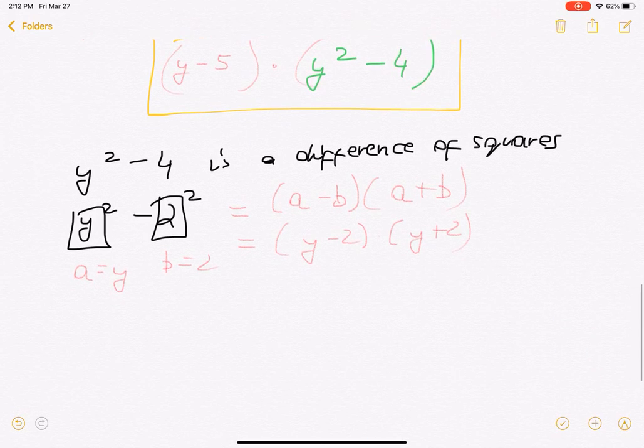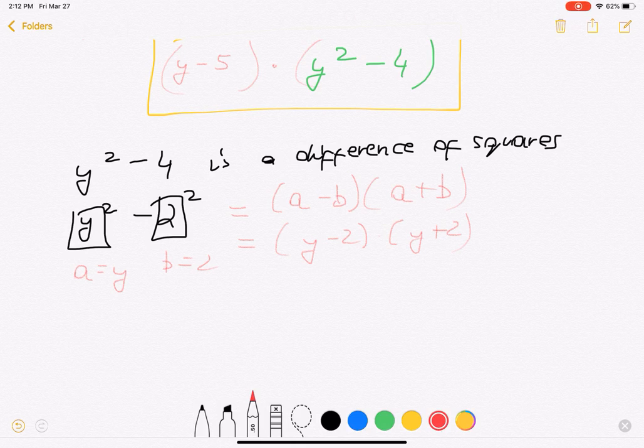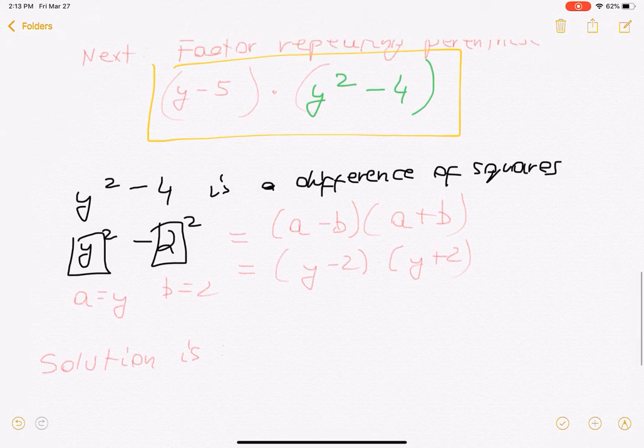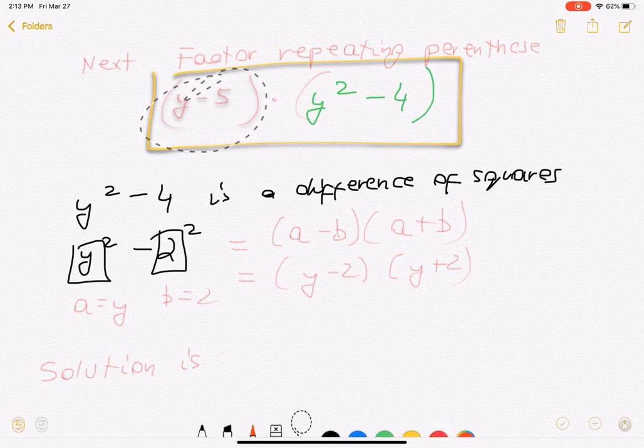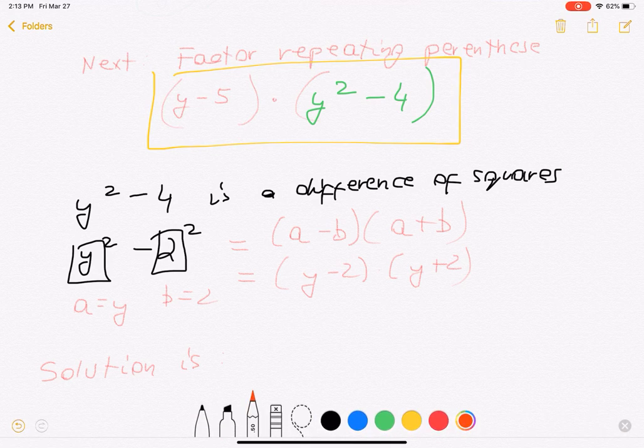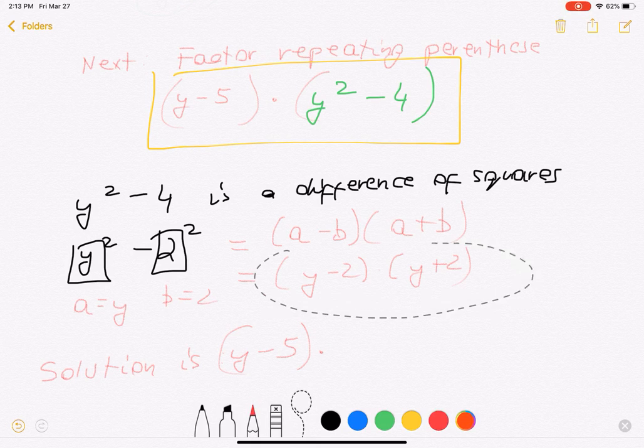Now we're going to put all of it together. So the solution is y minus 5 times, and y squared minus 2 squared you're going to rewrite as y minus 2 times y plus 2.